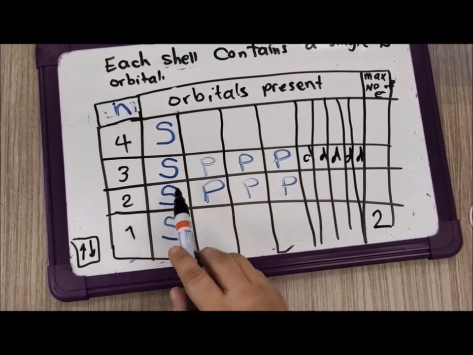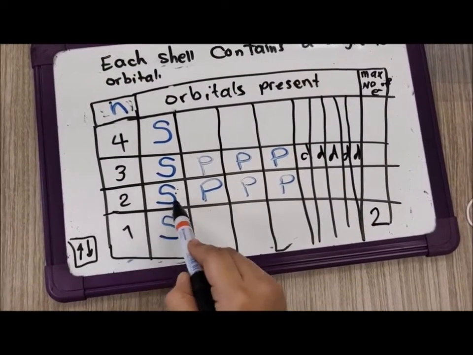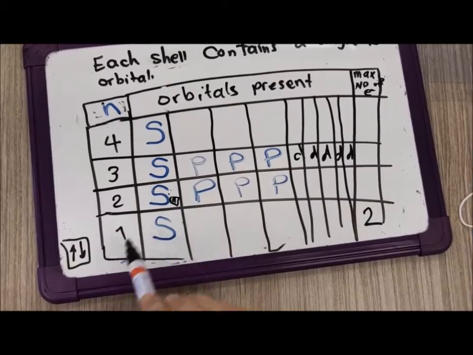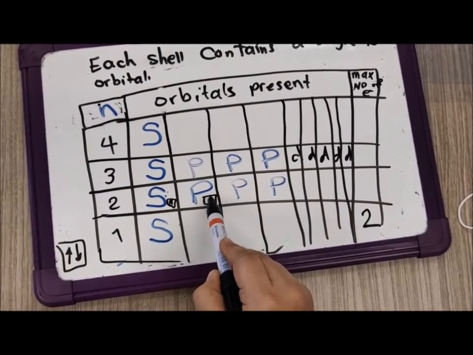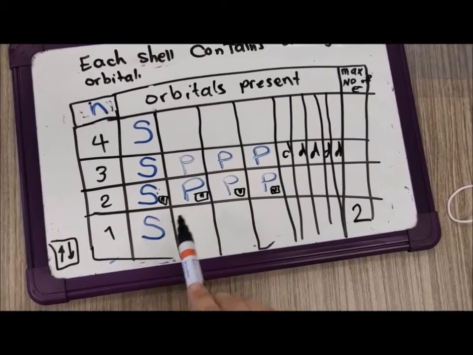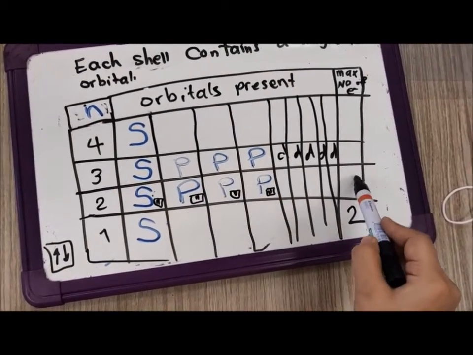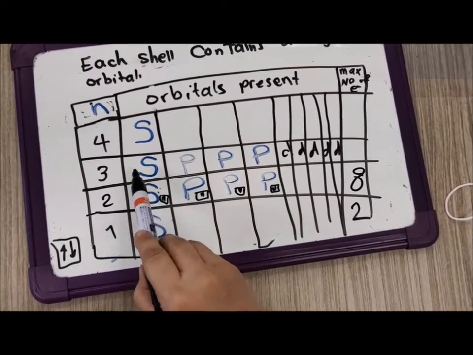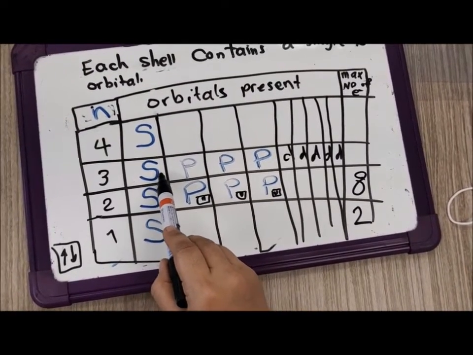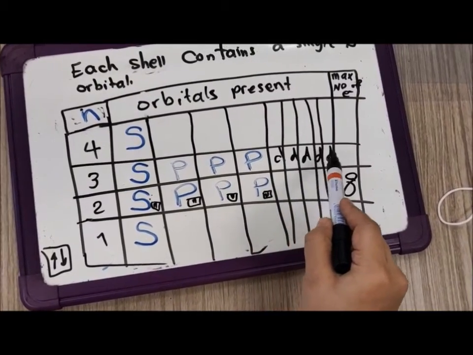On the second shell, how many electrons do we have? 2 on the s orbital, and p has 3 orbitals, 2 in each. How many overall? 1, 2, 3, 4, 5, 6, 7, 8. Maximum 8 electrons. So here each orbital takes 2 electrons.